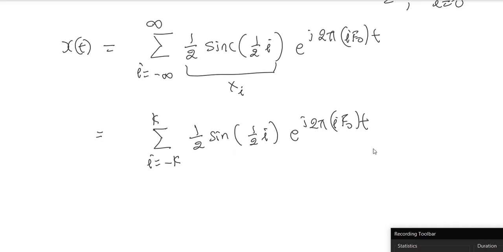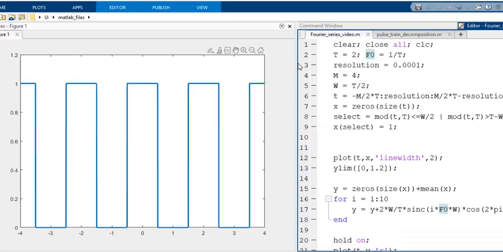Let's call this x hat of t, because this is a finite sum, so you'll never get back exactly x of t. And what we have here is x of t as the summation from i equal to minus infinity to infinity, okay? But we cannot compute minus infinity to infinity, so we'll compute minus k to k and see what these sums look like. This is a simple Matlab code that I wrote to demonstrate this.